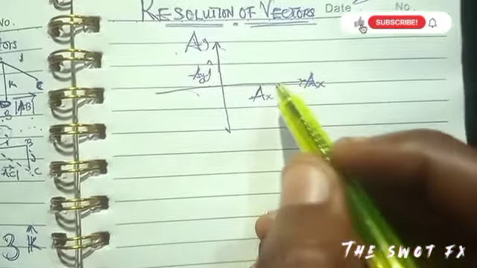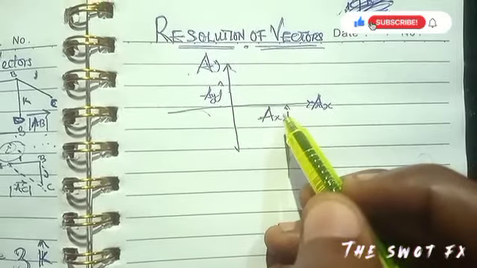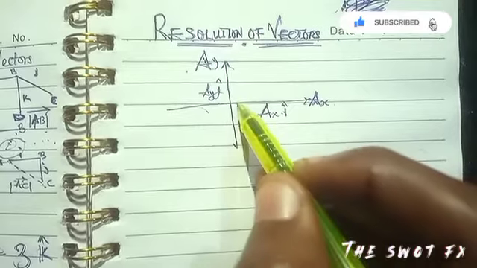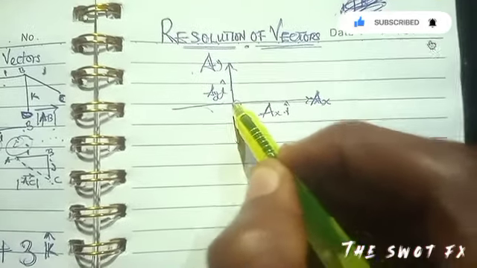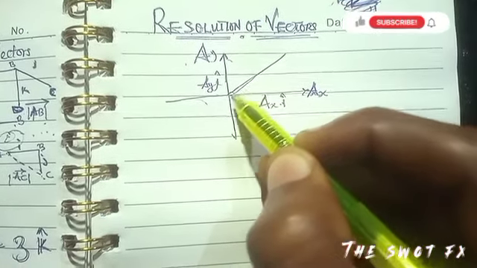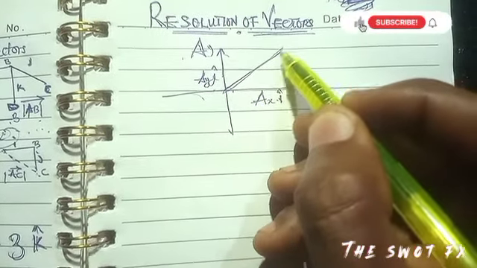Because when we are moving into different directions, I told you in the last class that this one will be i and this one will be j. Resolution of vectors means that we are resolving this vector into a particular direction.